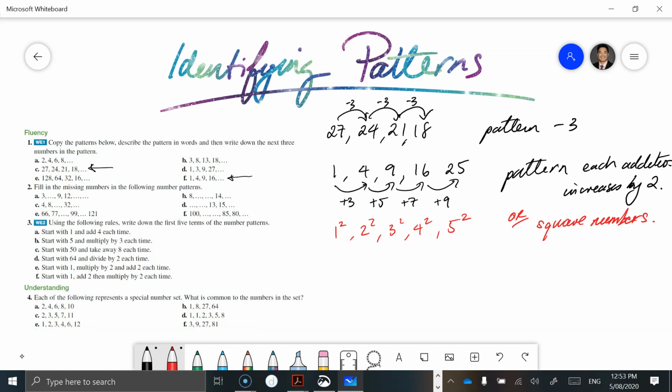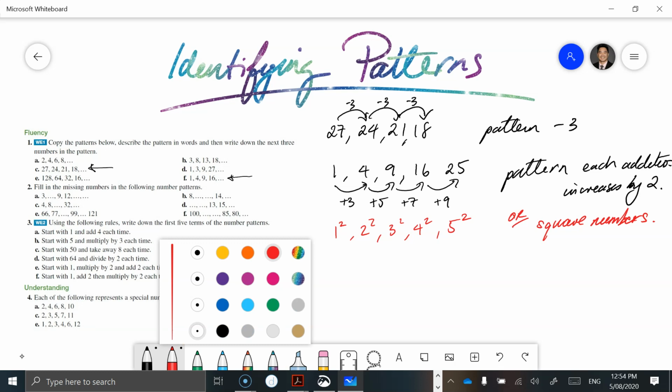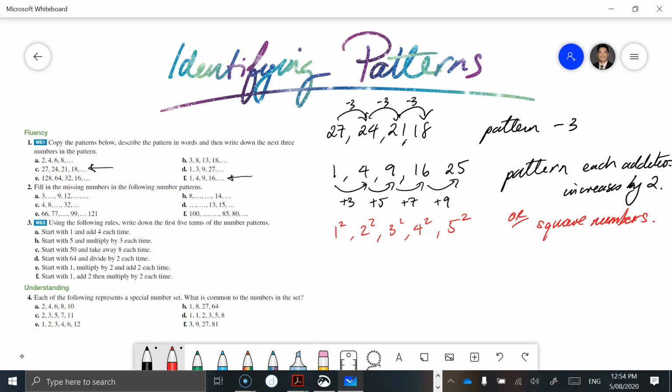All right. So when we're looking at using the following rules, write down the first 5 terms in the number patterns. So we're looking at how we would describe each of them. So let's have a look at, say, this one here, 3b. Start with 5, and multiply by 3 each time.